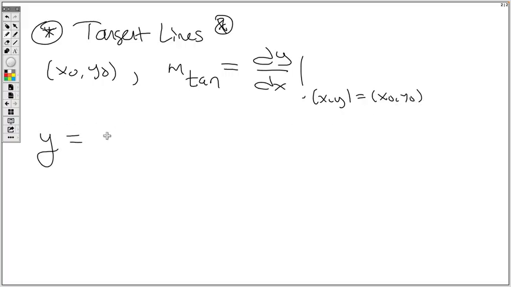Then the tangent line looks like y equals the slope of the tangent line times (x minus x naught) plus y naught.